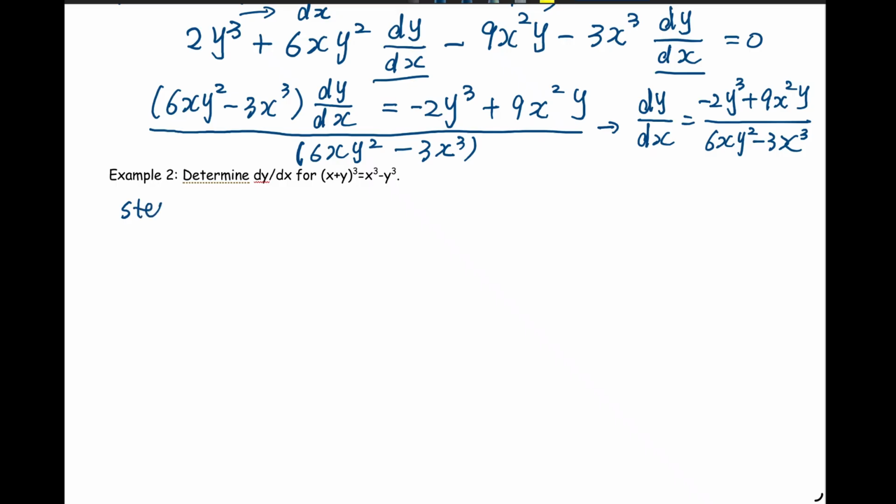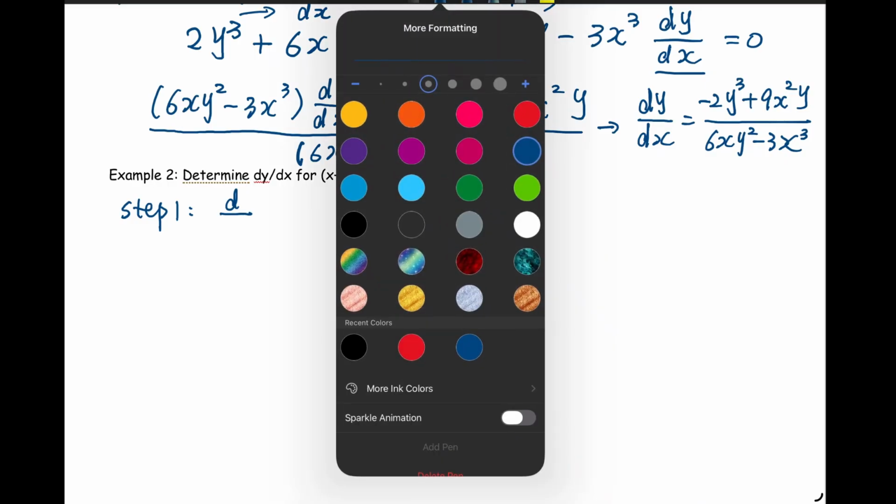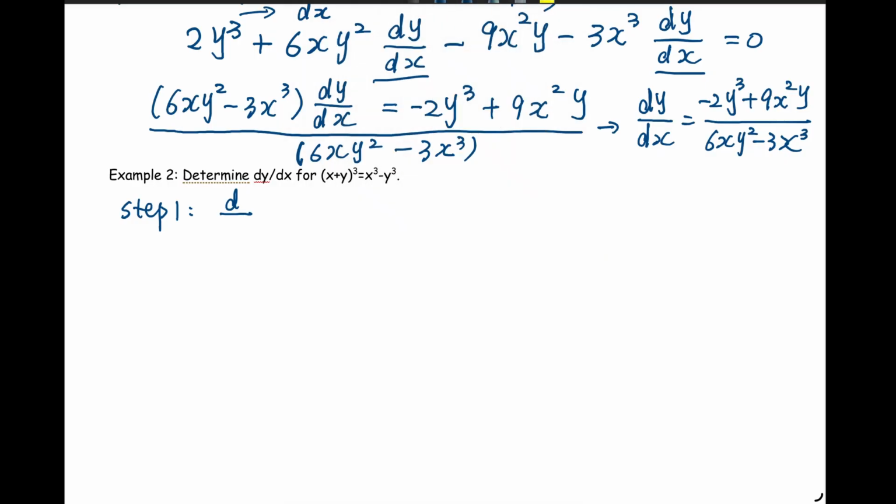So step 1, we are going to do the derivative to each side. Maybe there is no y on a side, but we still want to do the derivative to both sides.